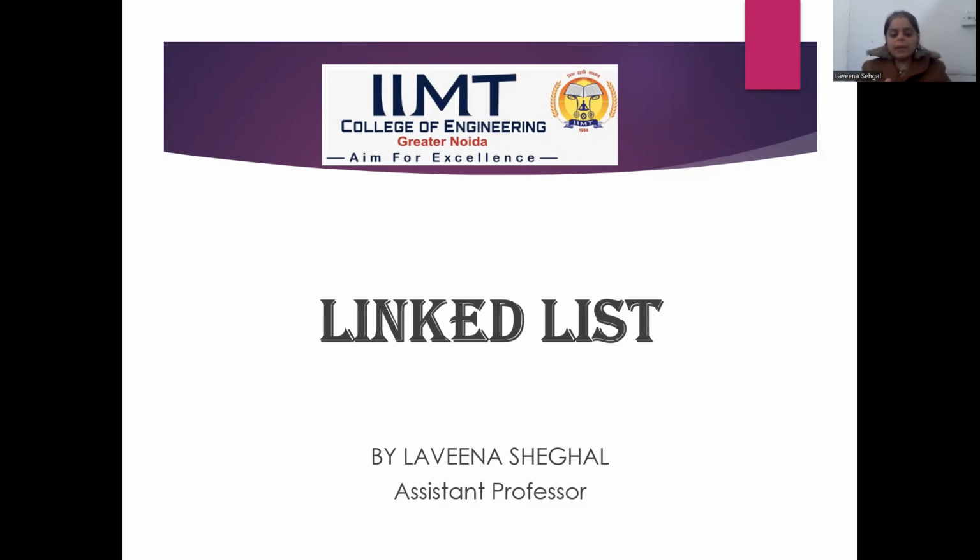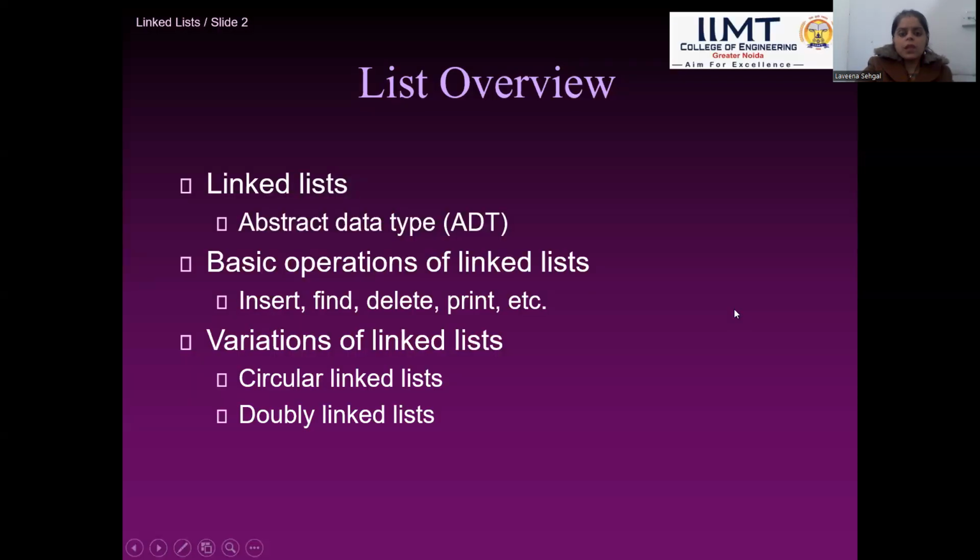We have to vacate that place, right? So this is the major drawback of arrays, which is overcome by linked lists, which is also a linear data structure. Yes, this drawback has been.